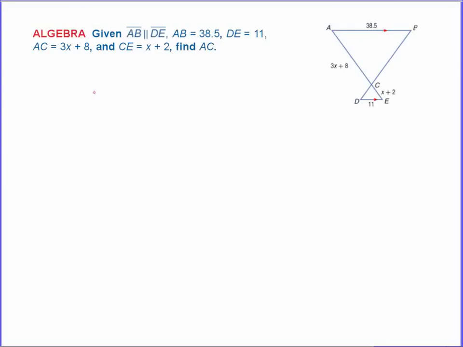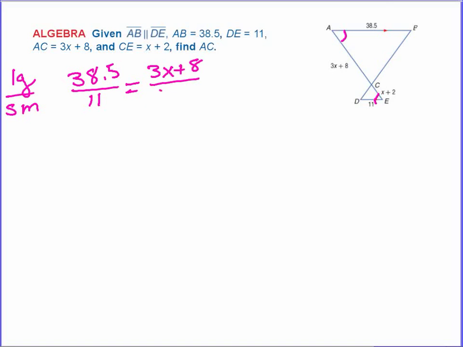This is the same type problem. The opposite sides are parallel, so we know alternate interior angles are congruent. All the information is in the picture. We're going to go this time large to small. And I'm going to go 38.5 over 11, because those sides match up, is equal to 3x plus 8 over x plus 2.